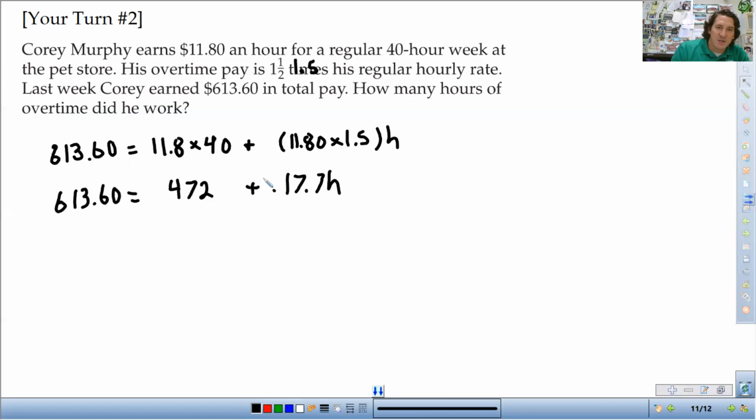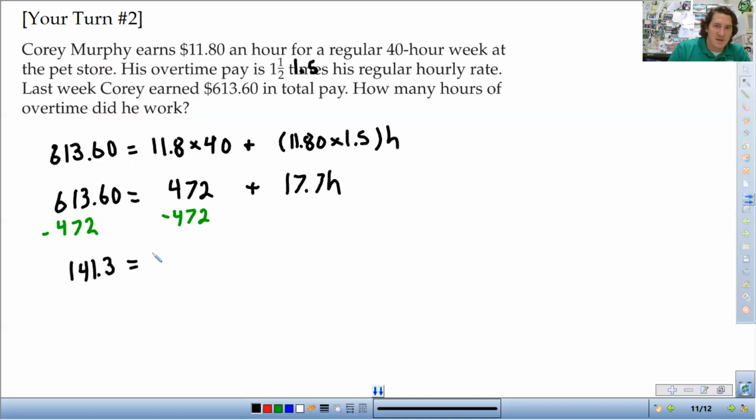From here, just solve for H. I'm going to subtract 472 from both sides. So 613.6 minus 472 is 141.3.